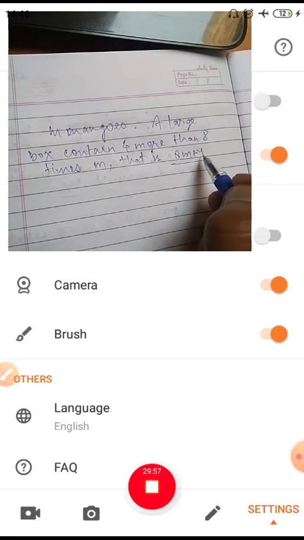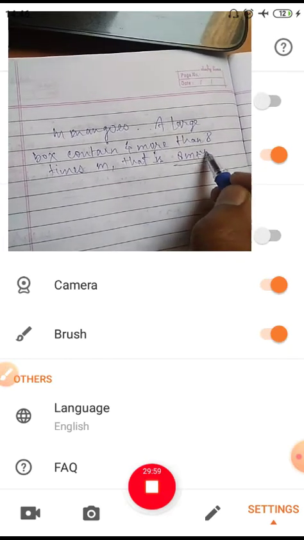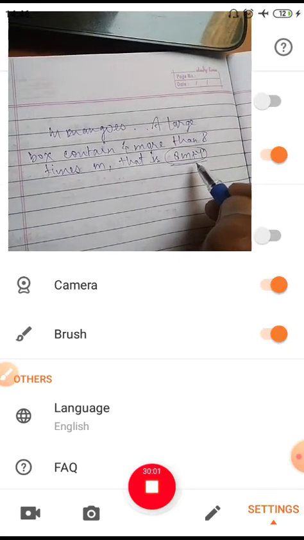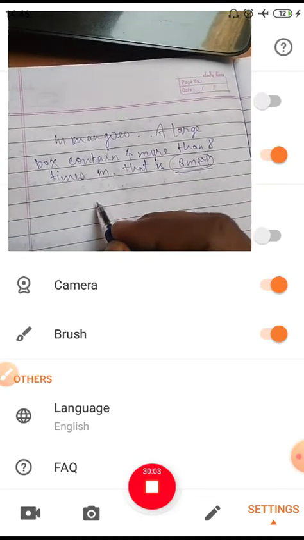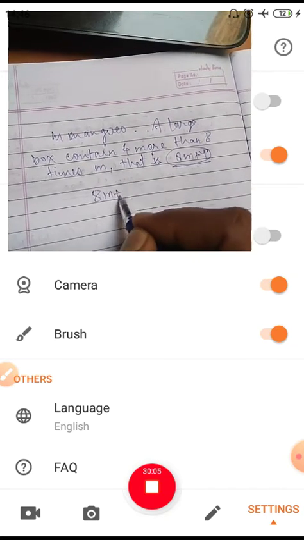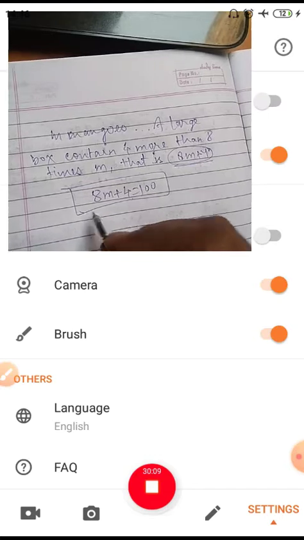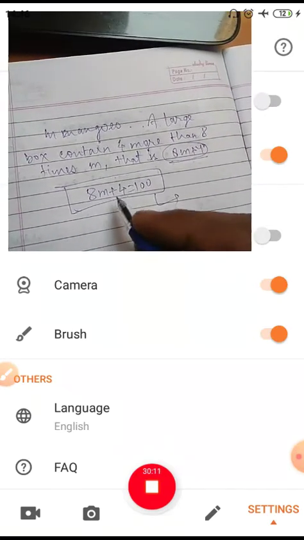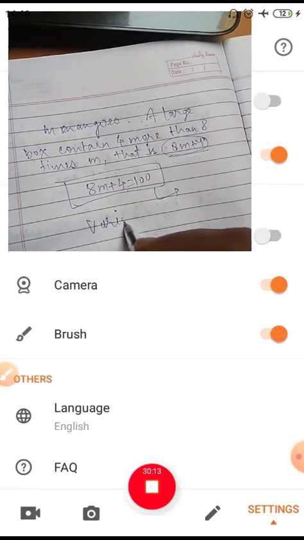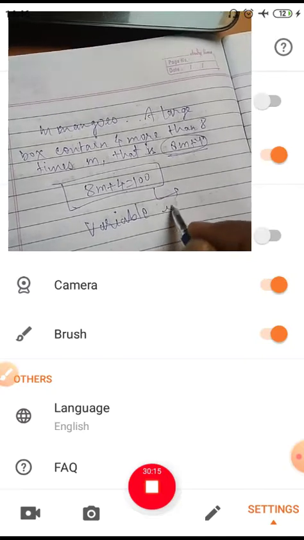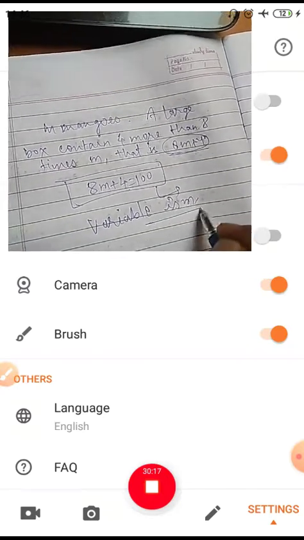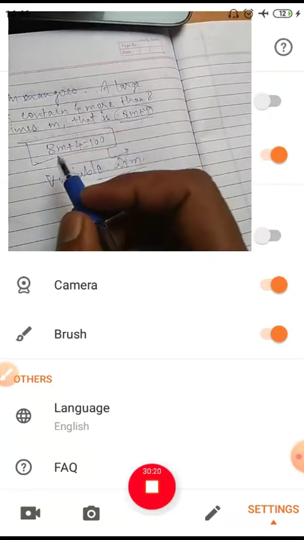This is given to be 100, that the large box contains 100 mangoes. So 8m plus 4 is equal to 100. It is in equation form.